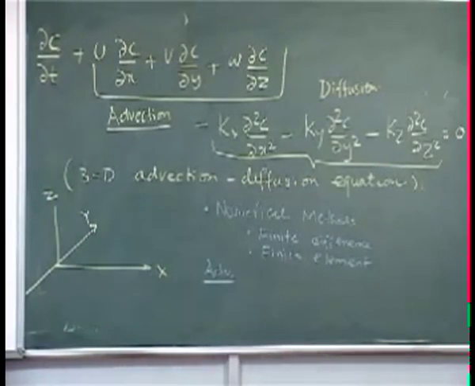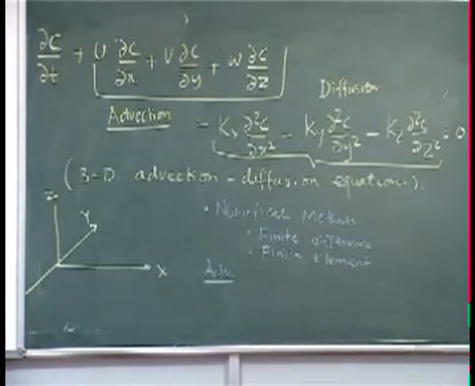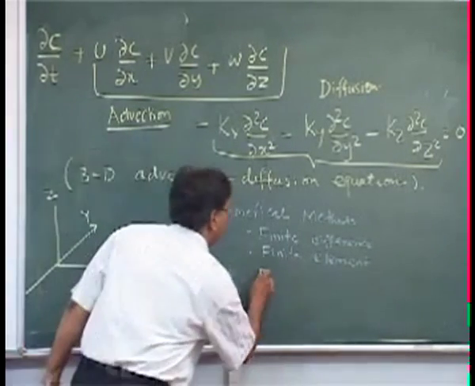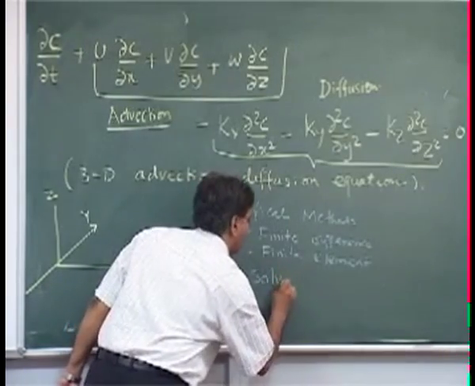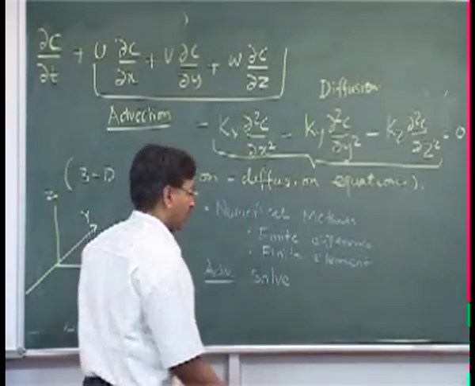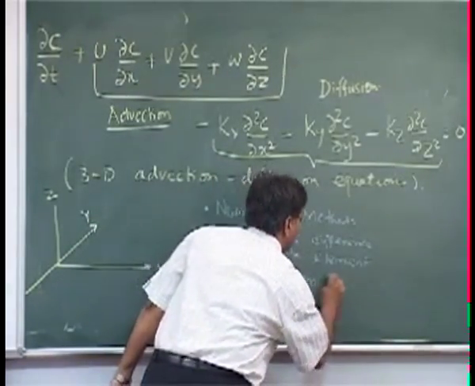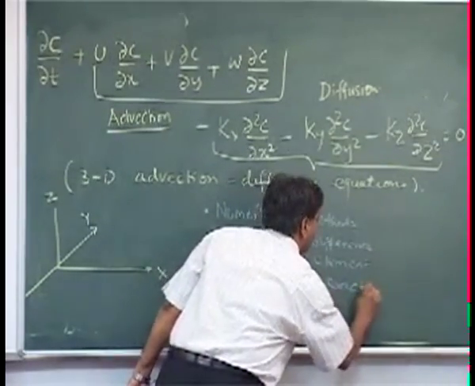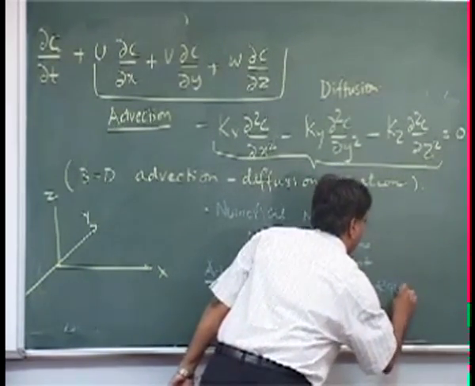The advantage is that you are using the exact equation, the equation which you derived from basic fundamentals. You are not tampering with the equation in any form. You are not making any assumptions. So you solve an exact equation.